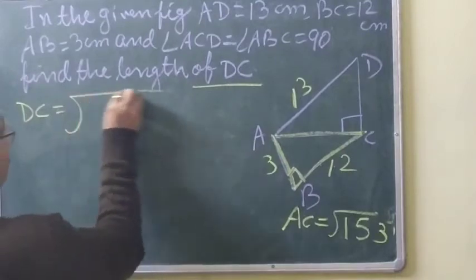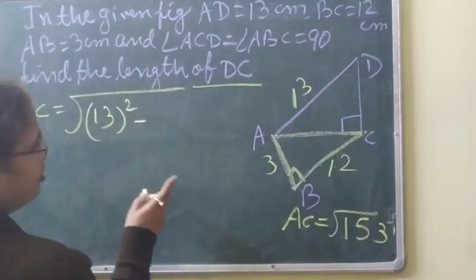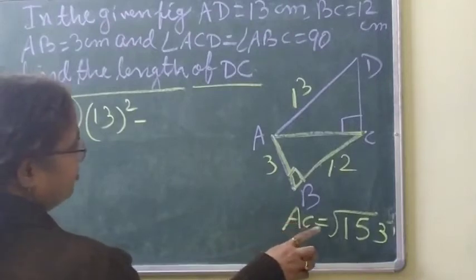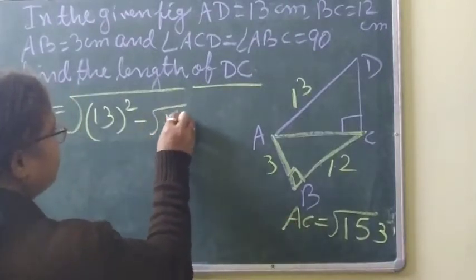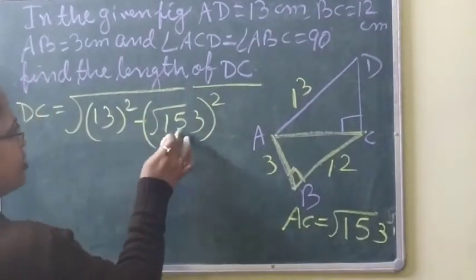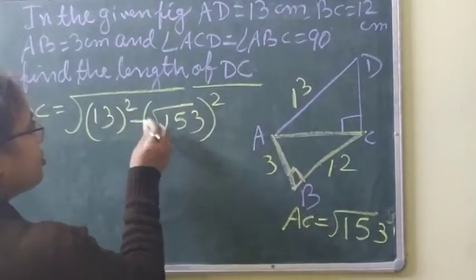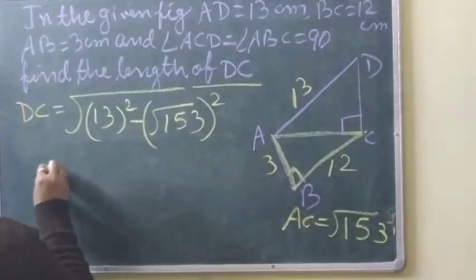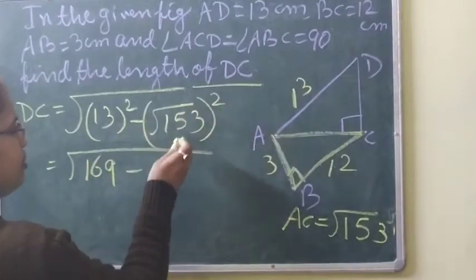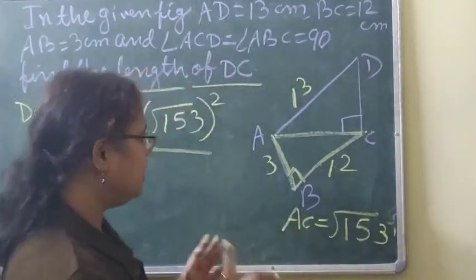DC will be equal to the square root of 13 squared minus the square root of 153 squared. So the square of 13 is 169. And the square of this square root of 153 will become, yes, 153.